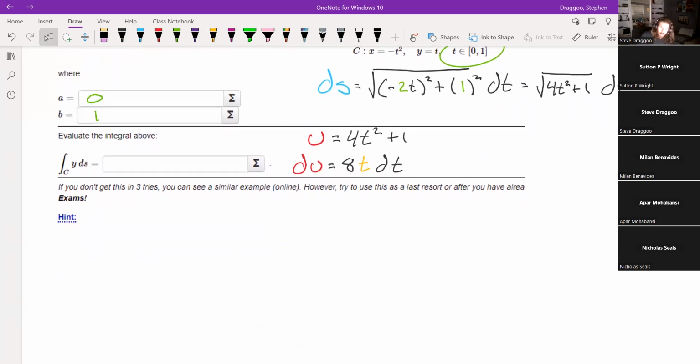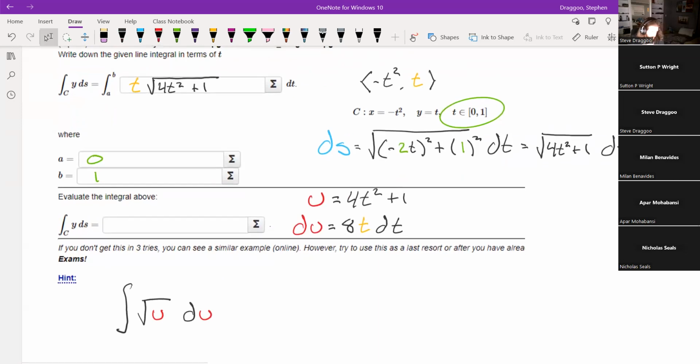So I am actually going to integrate the square root of u times du. I already have the t that's in there, but I'm missing the factor of 8. So I'm just going to multiply in a 1 over 8 on the outside to get that u substitution to work out nice. That's the only part I was missing, just a constant.